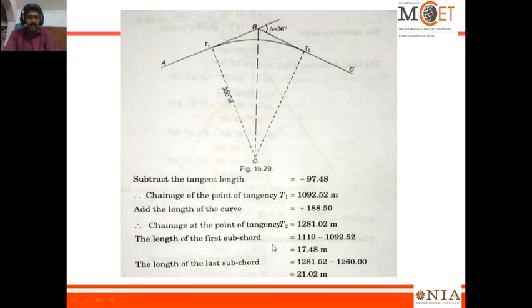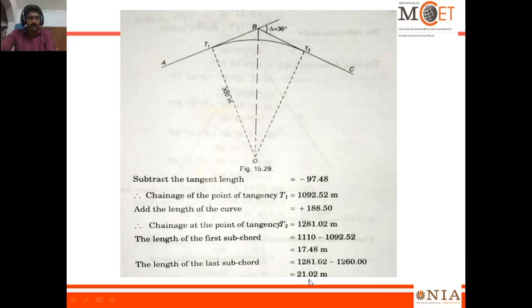So the first subchord is 17.48 meter and the last subchord ends at 1281.02. If you add 30 from 1110, 30 is 40, 70 to 1200, 1230, 1260, 1290. It is not possible, so 1260 is the last before chord.